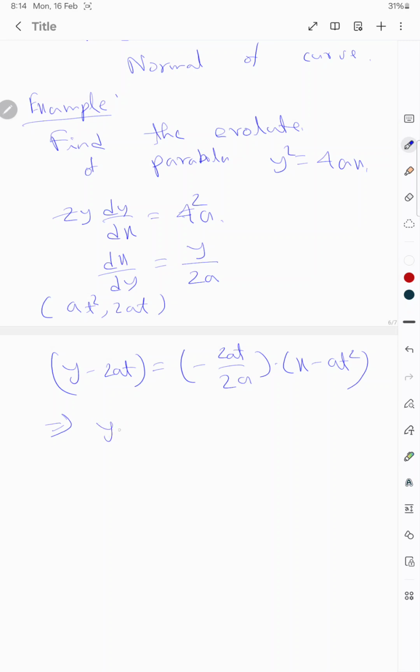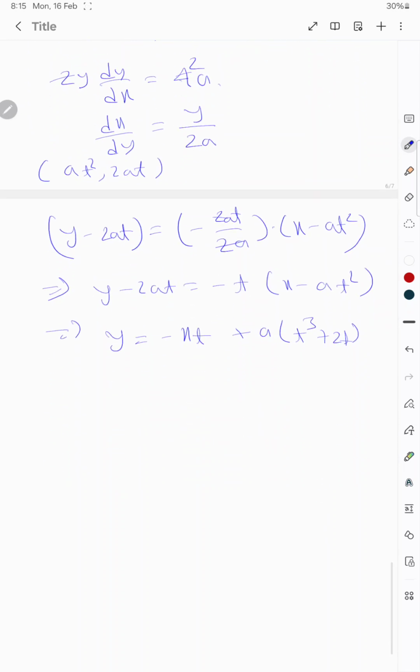So what you are getting: y minus 2at equals, here 2a and 2a cancel, minus t into x minus at square. So you have y is equal to minus xt plus a common term, and this is your equation.